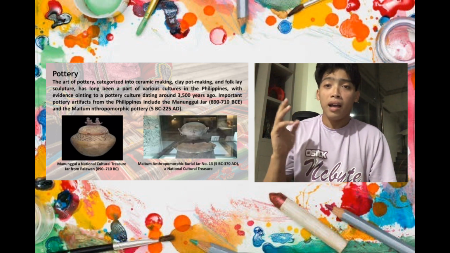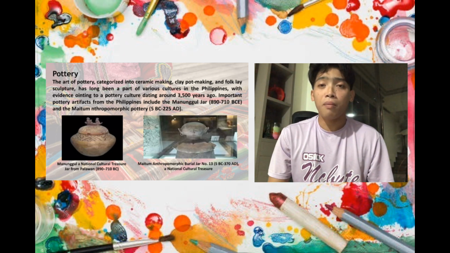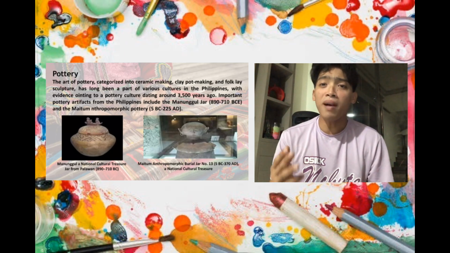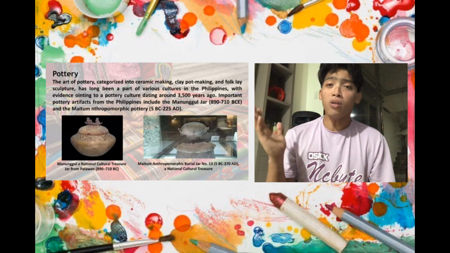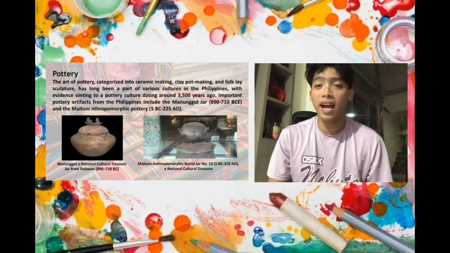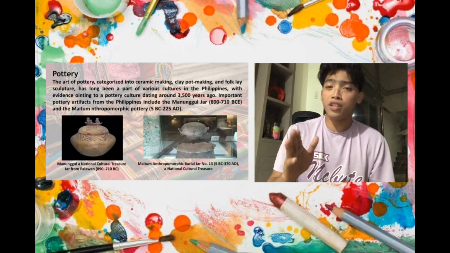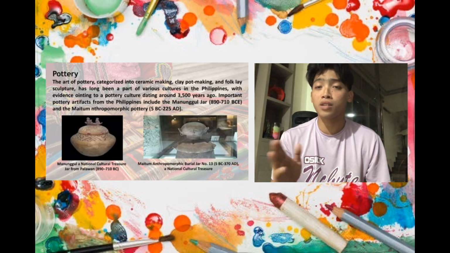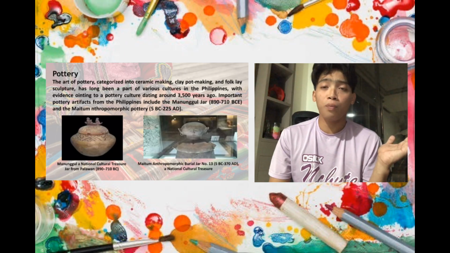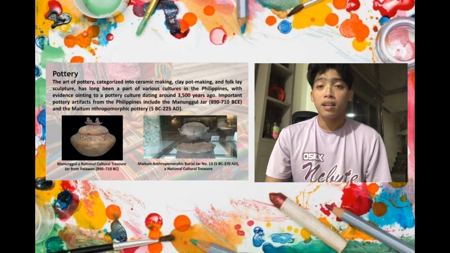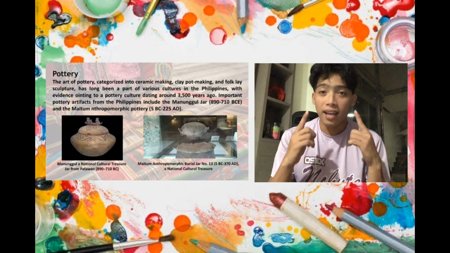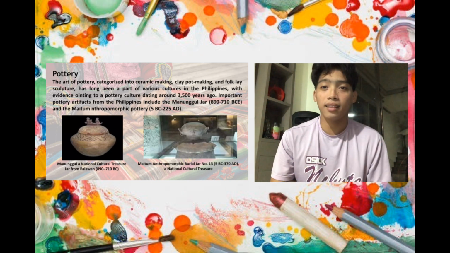Itong dalawa na to is may pagkakapareho, pero ang pinagkaiba lang nila is ang Manunggul jar is may dalawang tao na nakasakay sa bangka, which is symbolizing the journey of the soul to the afterlife. Then ang Maitum anthropomorphic is normal lang na mukha ng tao na may mata, ilong, bibig, at tenga.